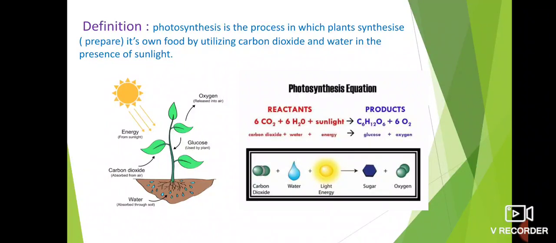See here, carbon dioxide and water in the presence of sunlight prepare the food for the plant, that is glucose, and along with the glucose it also releases oxygen, which is utilized by animals and human beings for their respiration. This is about the process of photosynthesis.